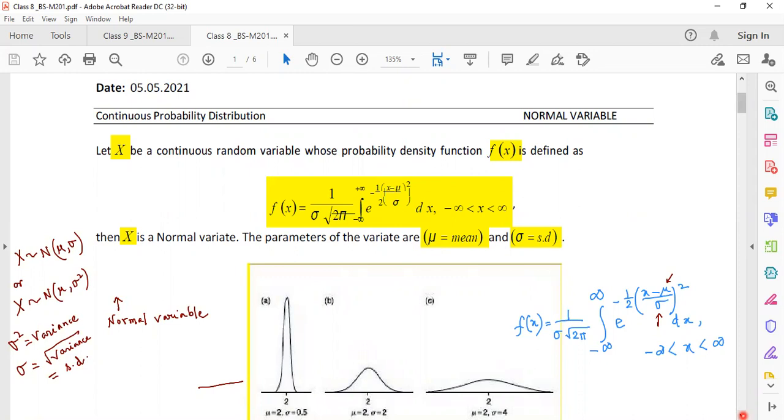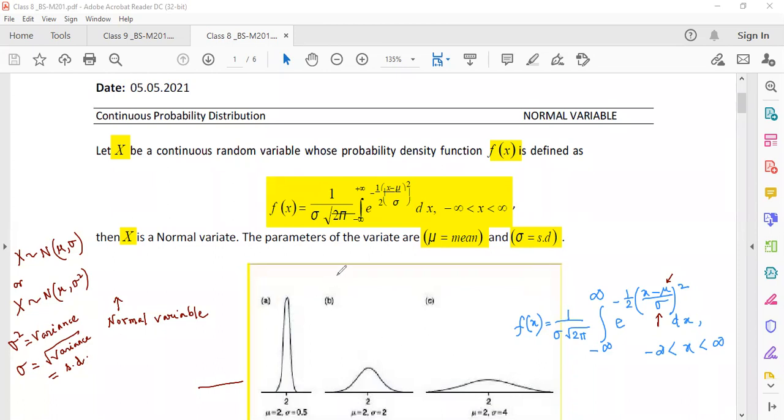These are the shapes that we got when we plot it. Now, all of these shapes look very similar, but the only difference among these three shapes is, this is highly peaked, its peakness is very high, this is moderately peaked, and you can say that this is less peaked, or it is kind of flat curve.